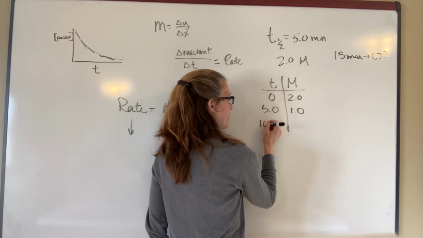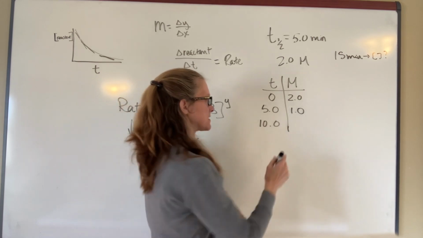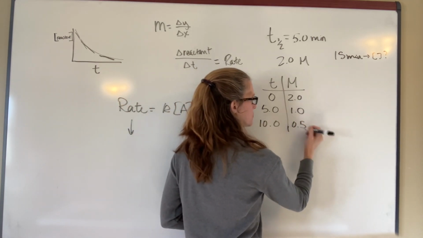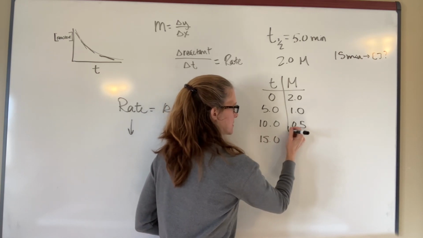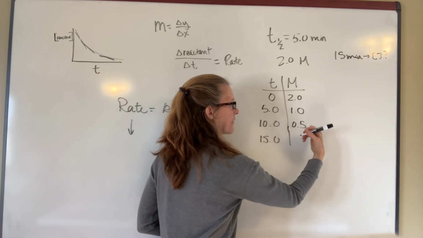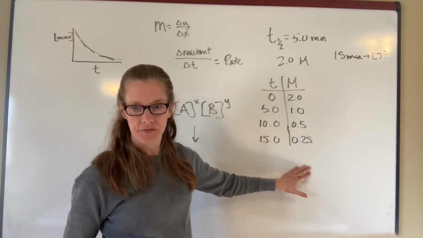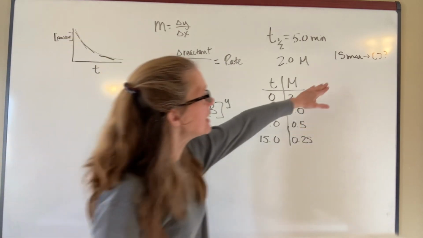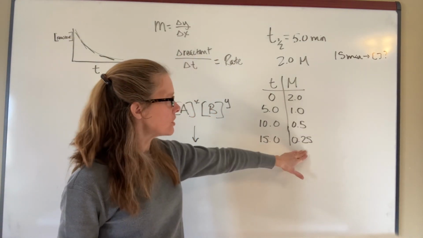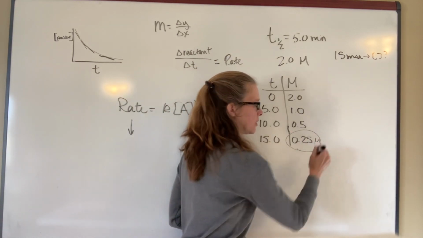After another 5 minutes, or after 10 minutes, the concentration gets cut in half again. So now I have 0.5. After another 5 minutes, the concentration gets cut in half again, so now I'm going from 0.5 to 0.25. So after 15 minutes, the concentration is 0.25 molar. Here's my answer right here, 0.25 molar.